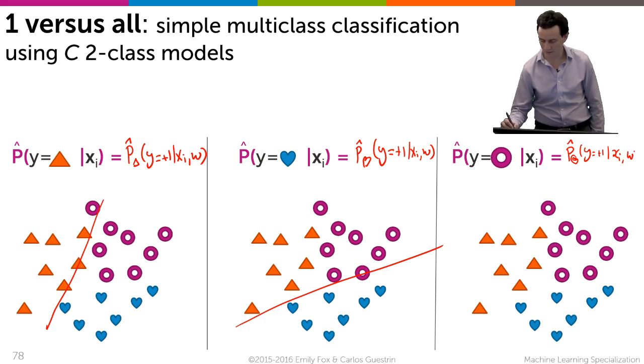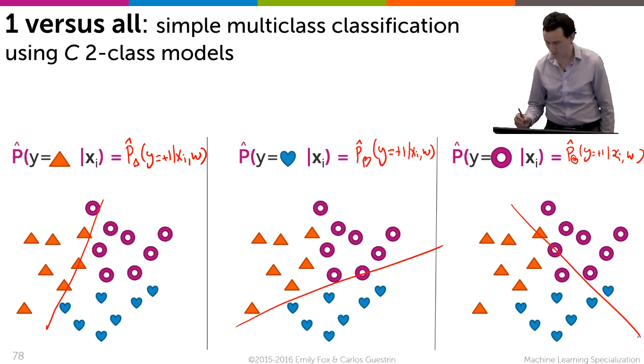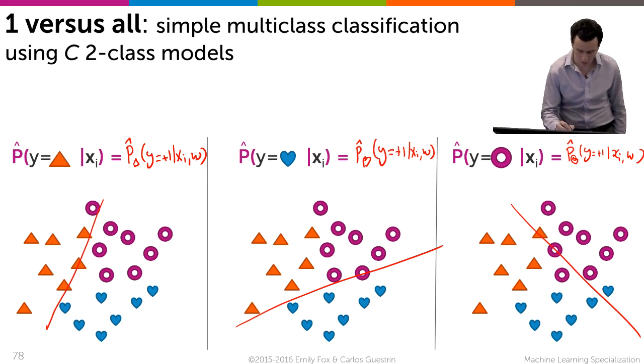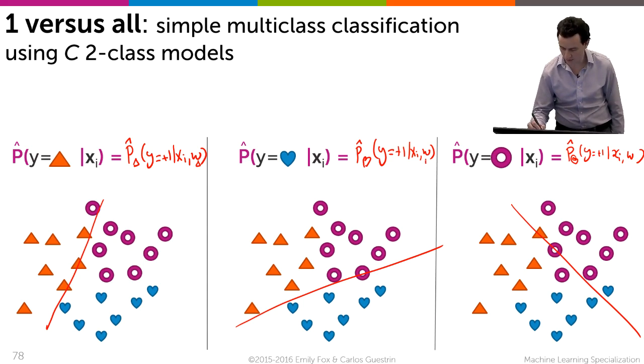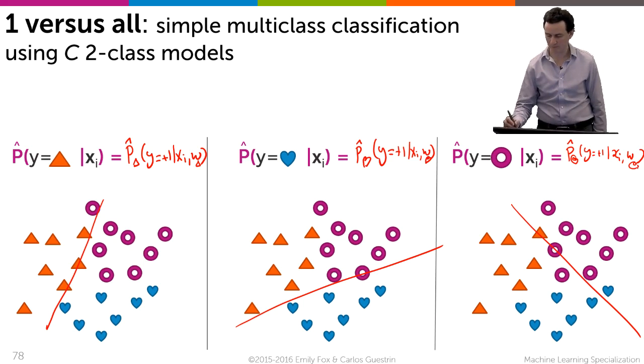And one last little note is that the W's for each one of these models, where I'm separating donuts from everything else, the W's for each one of these models is different. You can see by the lines being different. So the first one is W of triangles, and the second one is W of hearts, and then the last one is W of donuts.